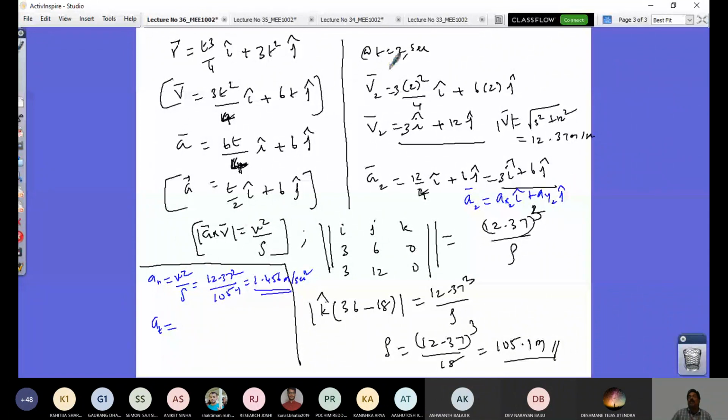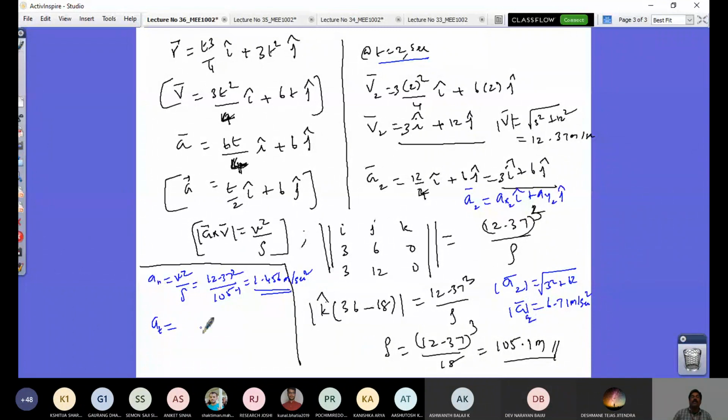So what is my modulus at that time? That would be the square root of 3 squared plus 6 squared. So 6.71 meter per second square is my magnitude of the acceleration at t equal to 2 seconds.